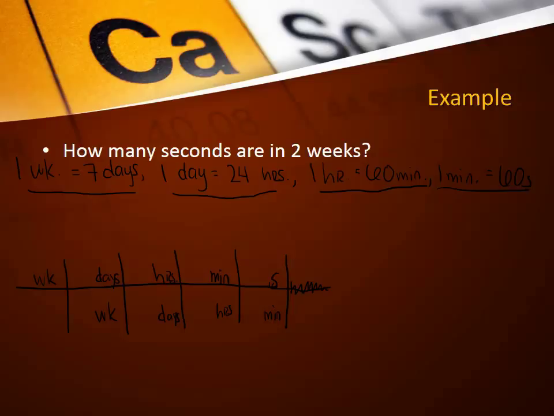So I now put numbers in. 2, 1, 7, 1, 60. Oh, not 60. 24. 1, 60, 1, 60. Which, when I multiply out, gives me 1,209,600.